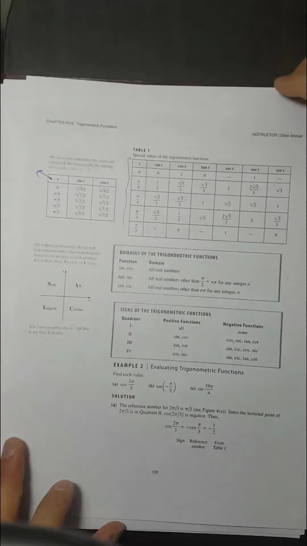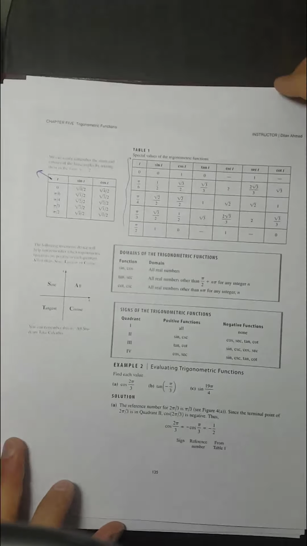So I'll put minus 1 over 2. See, it's easy. Why? Because I used the reference and the sign of the quadrant. That's all.